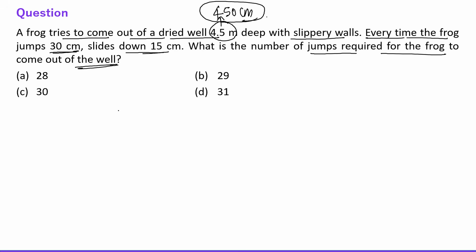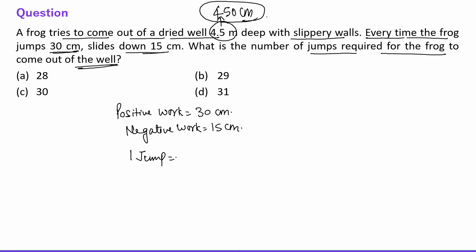Everyone, here the positive work is 30 centimeters and the negative work is 15 centimeters. So in one go, or you can say in one jump, how many centimeters is he climbing effectively?